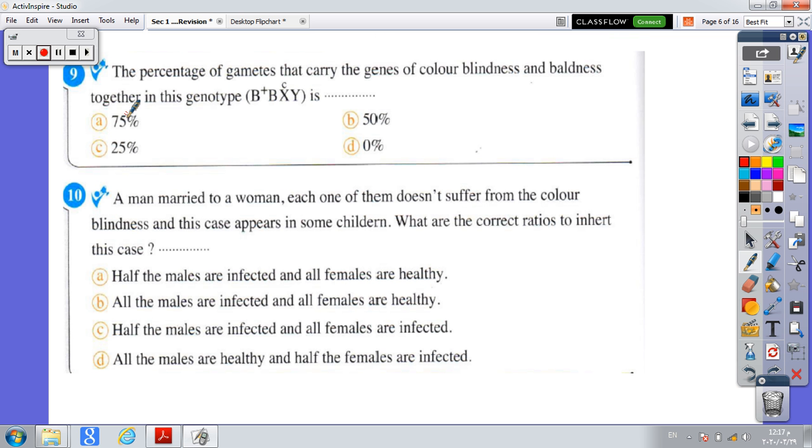Number 9, the percentage of gametes that carry the gene of color blindness and baldness together in this genotype.